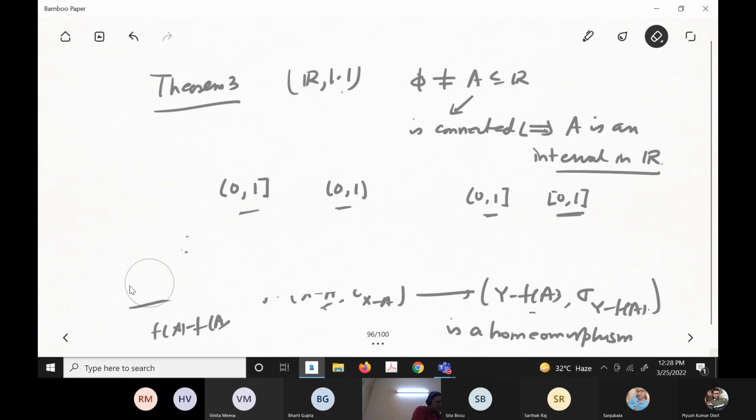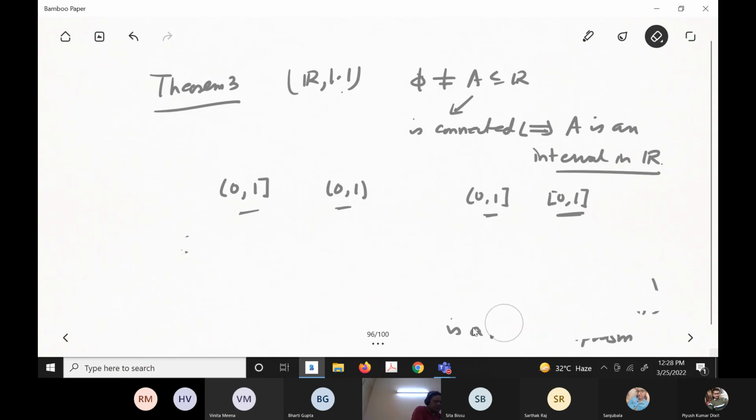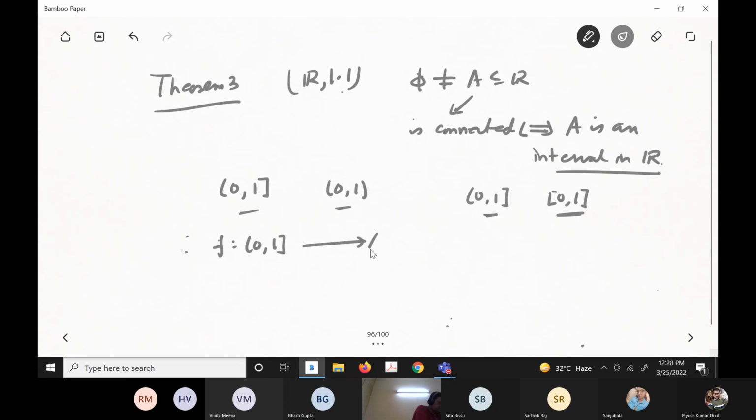So I will use this. Make sure that you understand that minor example result. Suppose, if possible, f is a homeomorphism. Now look, f1 will be here, but it is an open interval.